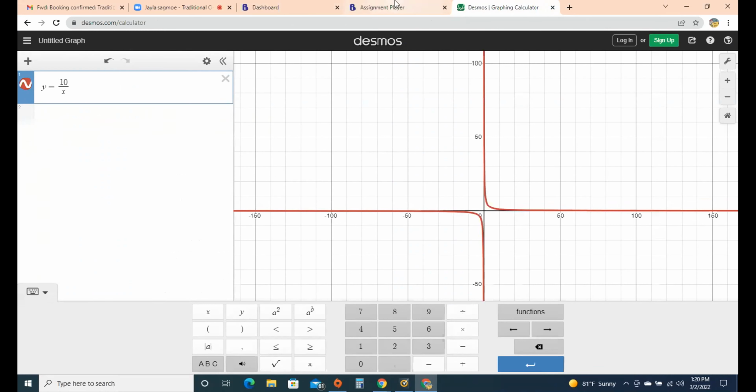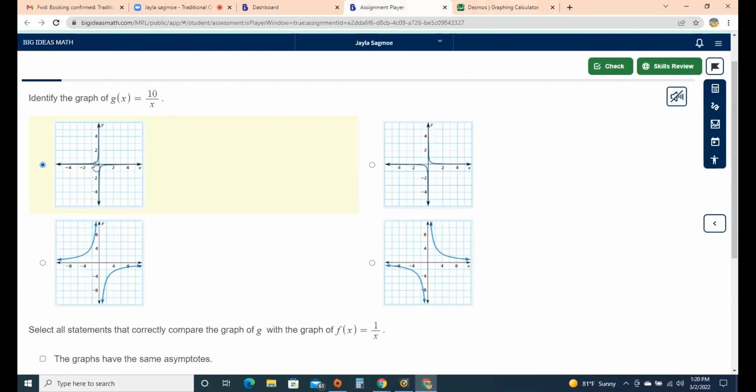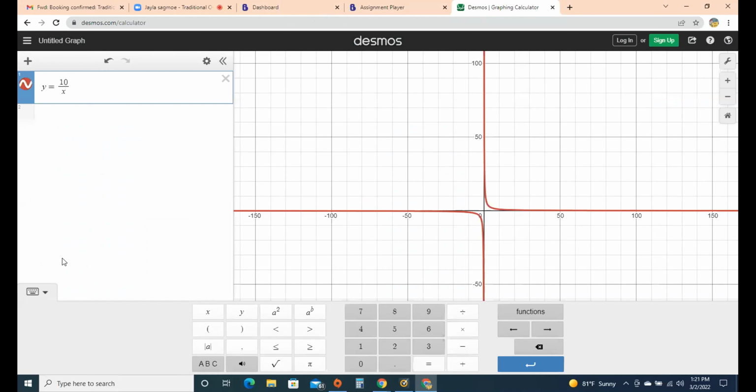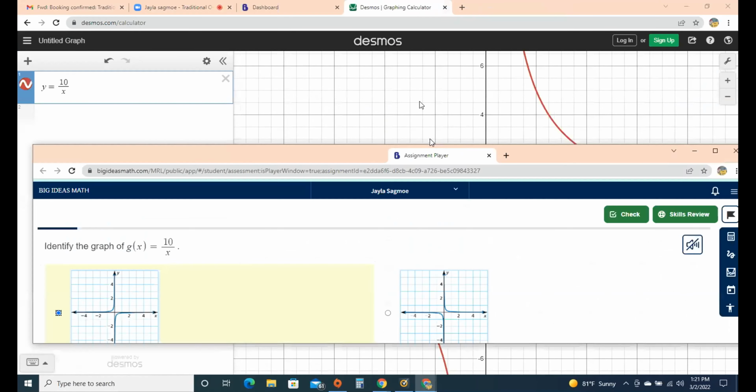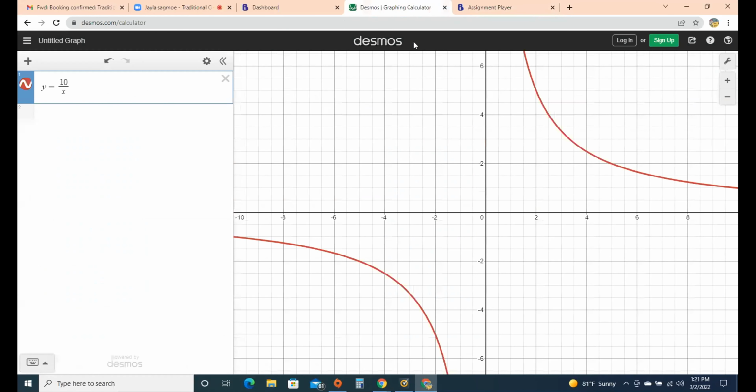Now go ahead and hit that home button, the house on the right side of Desmos. This is your default zoom. Go back to the assignment player.